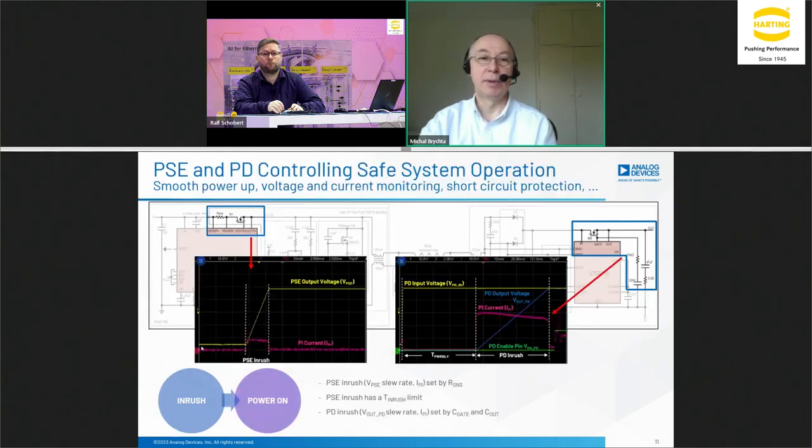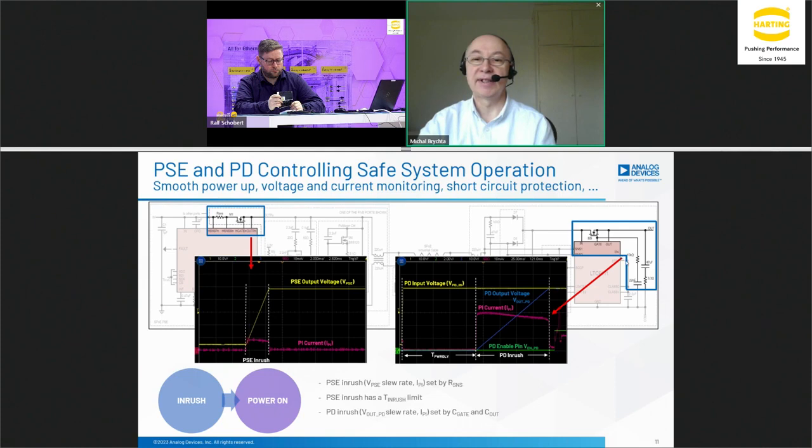And then the controlling device on both sides, the PSC controller and the PD controller, they also ensure the safe system operation. So they ensure that the power up is smooth. So it's a slow ramp up of the voltage, controlling how much current is flowing, checking how long it takes on the power on.